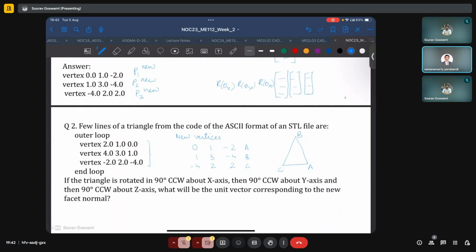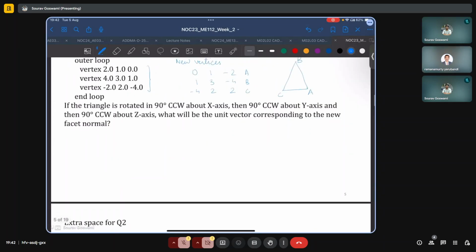Okay. And in case of clockwise rotation, how will it be different from this? The cases that we have been discussing are for counterclockwise rotation, because typically the positive sense of rotation is considered as counterclockwise.